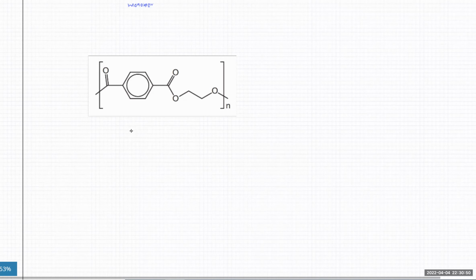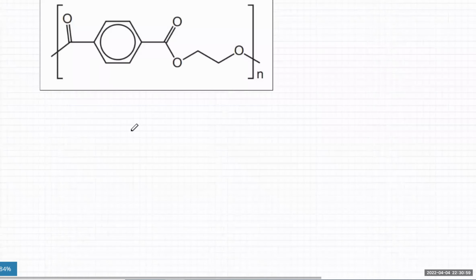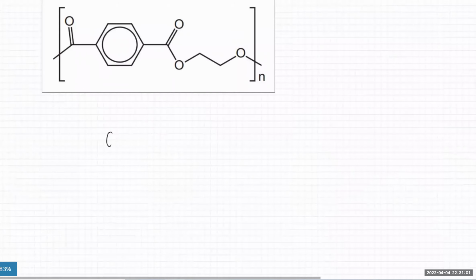Like, which monomers does this have? So the middle part is your benzene. I'm going to write it as C6H4. This one next to it is double bond O. Then you have another O.